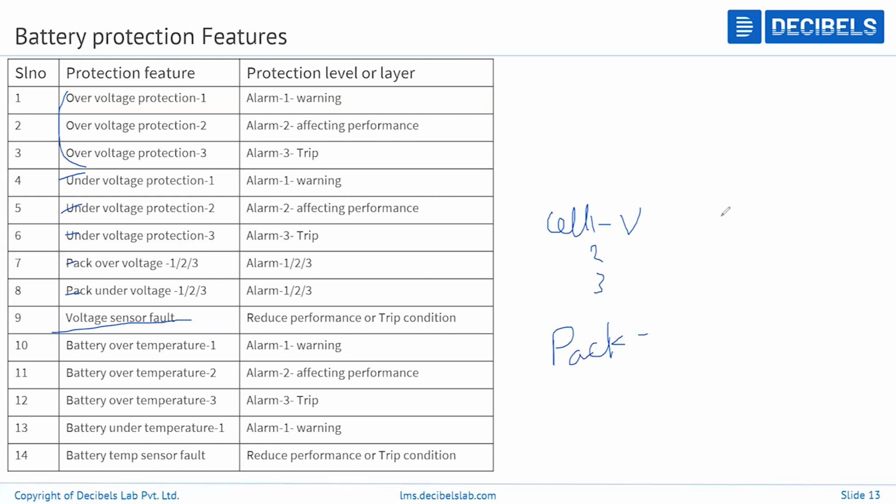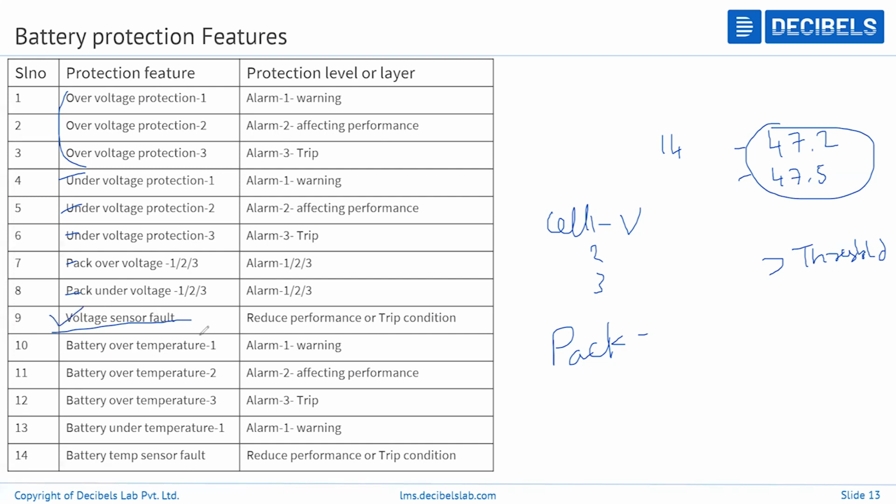For example, you take the summation of the 14 cell voltages and get something like 47, and the pack voltage is something like 47.5, so the difference is about 0.2. If the difference between the pack voltage and the summation of the individual voltages is greater than some threshold, then the voltage sensor fault is triggered.